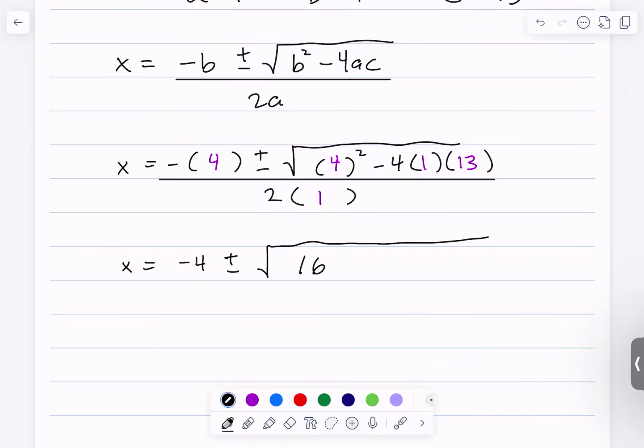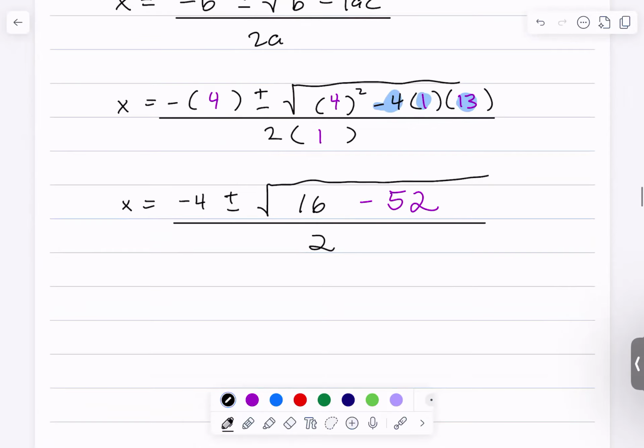I wouldn't even put the minus in there when we are simplifying this part there. -4 times 1 equals -4. -4 times 13 is -52. So since your answer is -52, put that down, -52. Okay, if it's a negative, we're subtracting the numbers. If it's a positive, we're going to add the numbers. Okay, and then divide it by 2 times 1, which is 2.